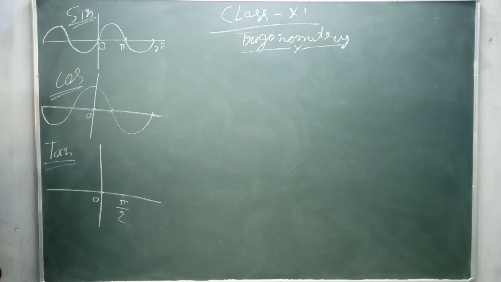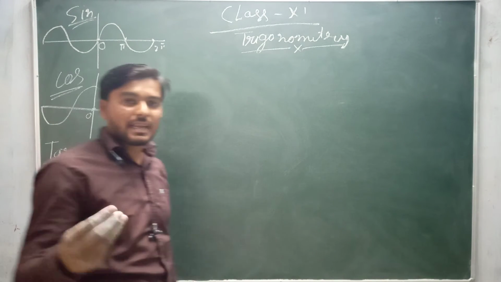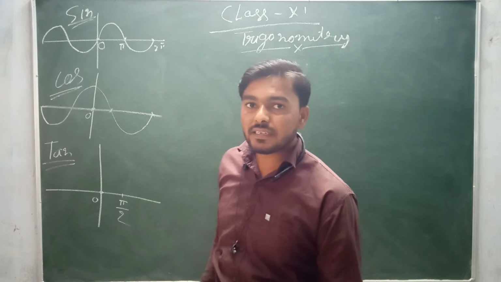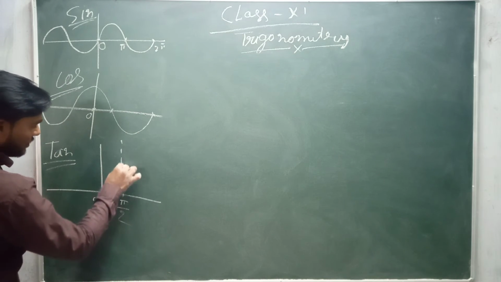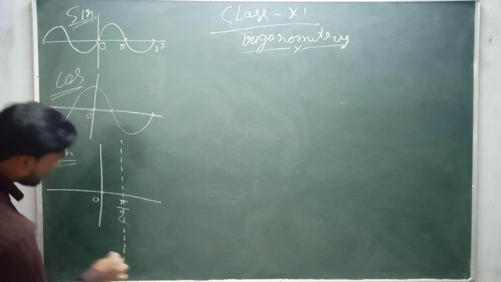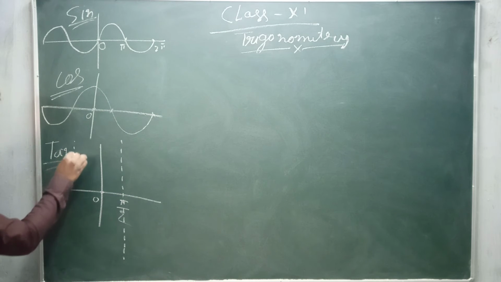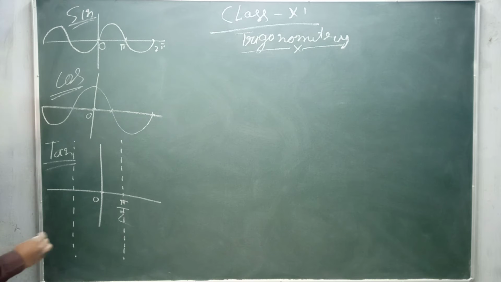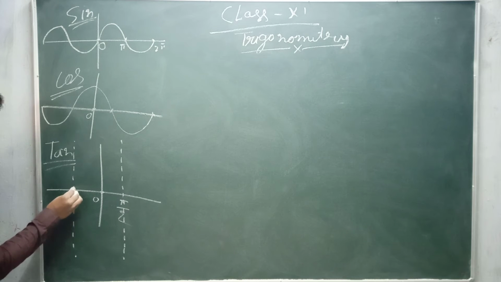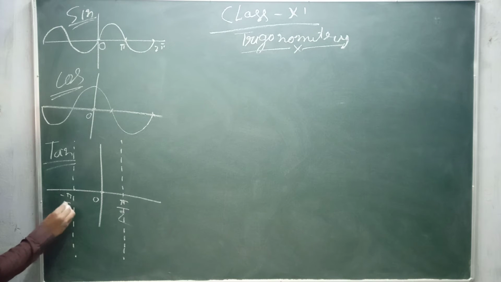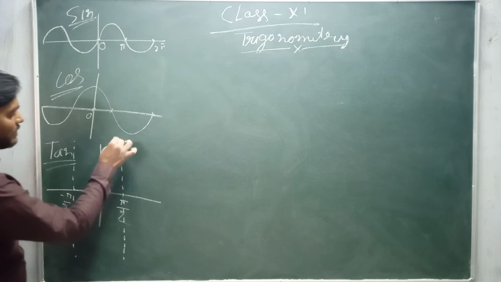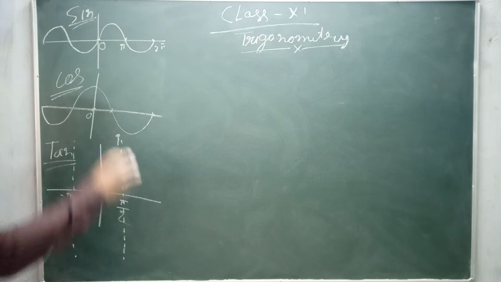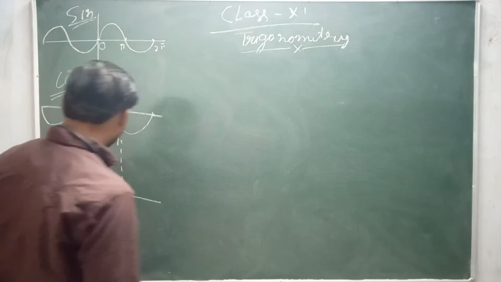What is the tan 90 value? Tan 90 value is equal to infinite. It's minus pi by 2. Tan 90 value is infinite. It will be like this, infinite.